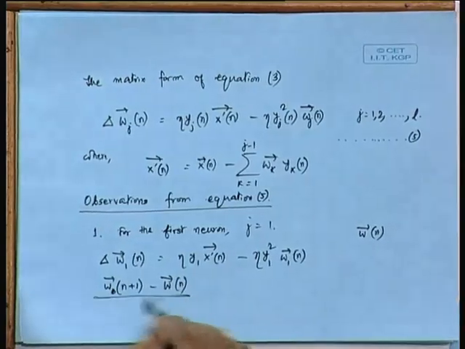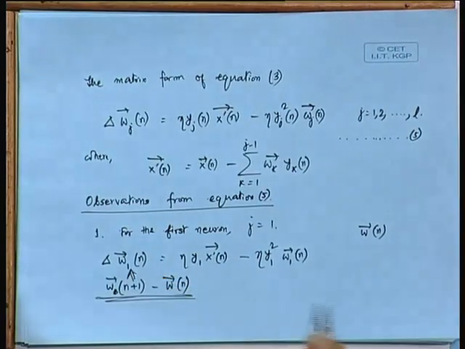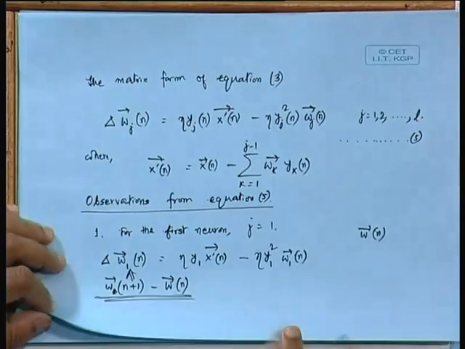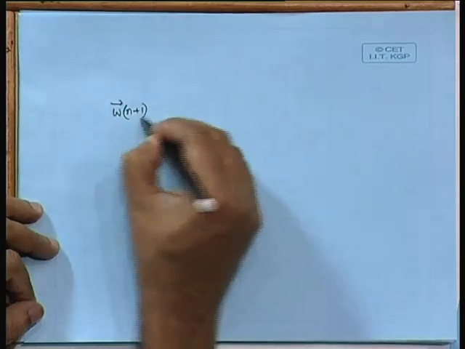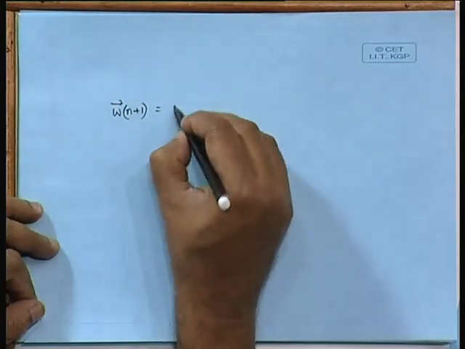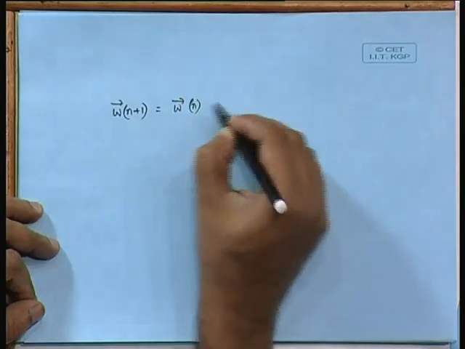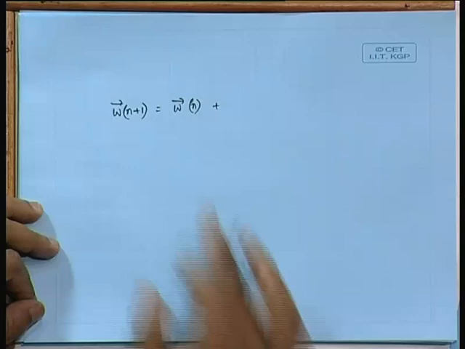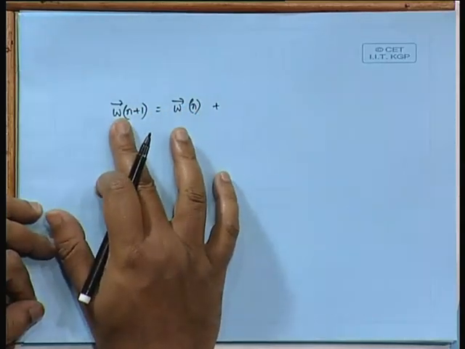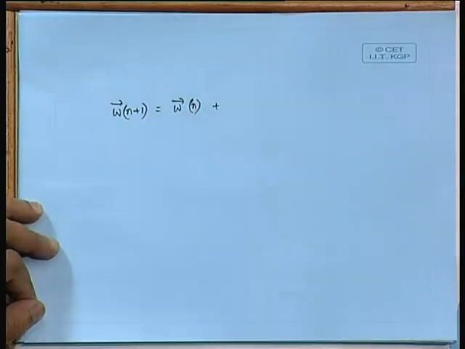So, if we write this down for w 1 n, then what results is as follows. We can rewrite this as w n plus 1 is equal to w n plus delta w n.